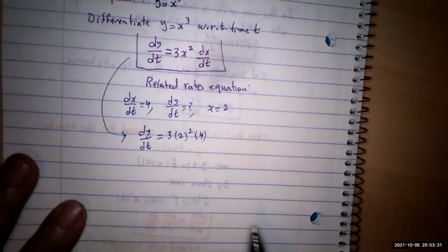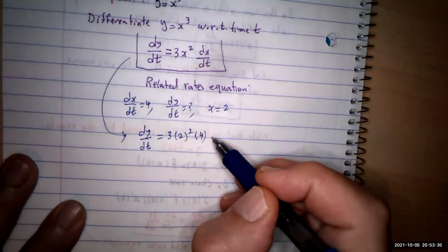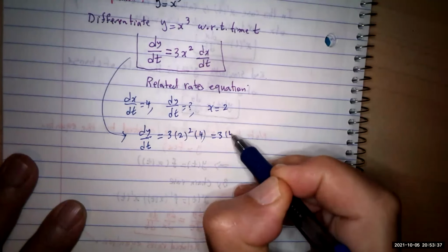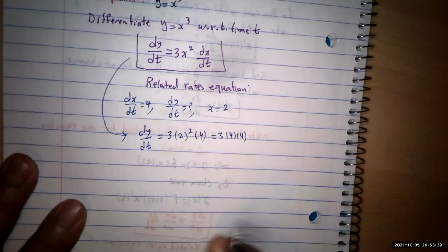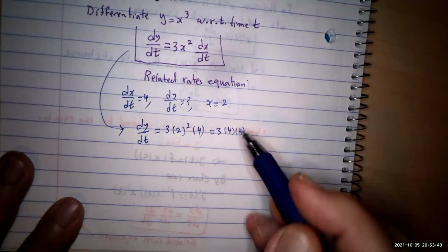That's it. Simplify. 2 squared would be 4, so you do the power first. 3 times 4, 12. 12 times 4, 48.